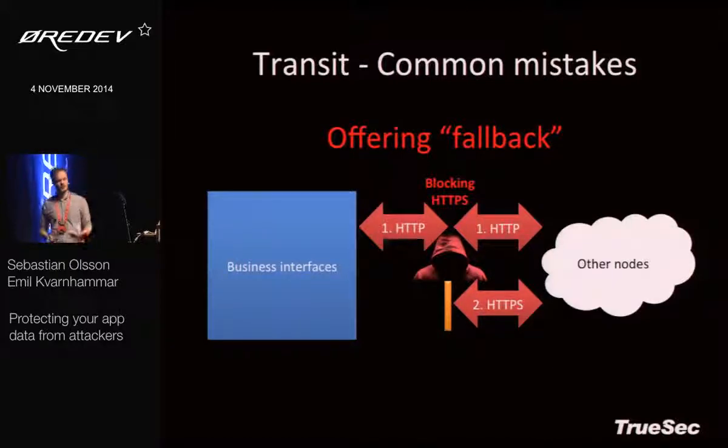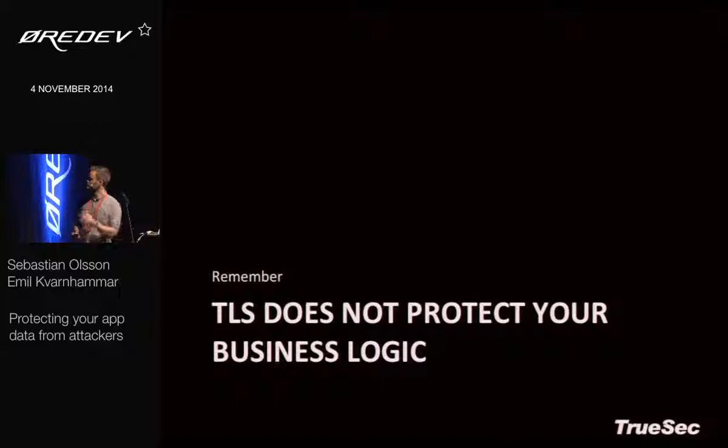Even if both the client and the server can talk, for example, TLS version 1.2, they won't, because we will make them fall back to a deprecated version. So you need to only allow the secure versions, and that might sound a bit fuzzy, but you need to find out what are the minimum versions that you need. And in this case, we shouldn't allow HTTP at all.